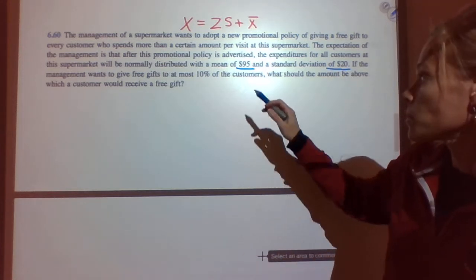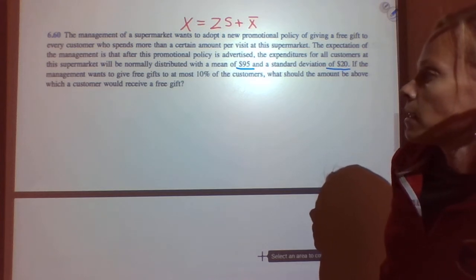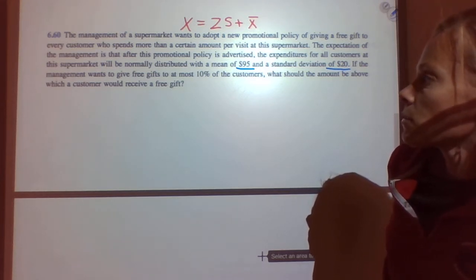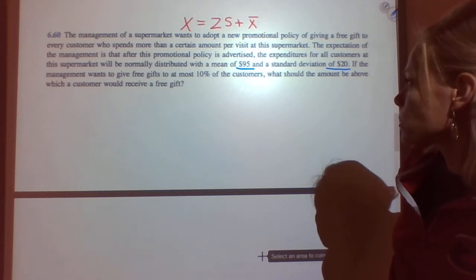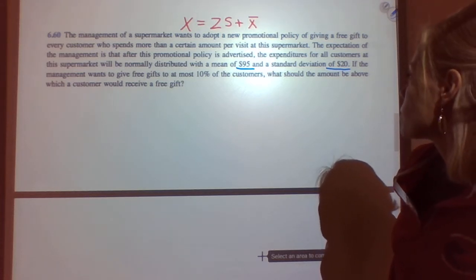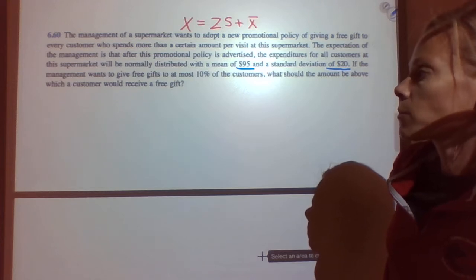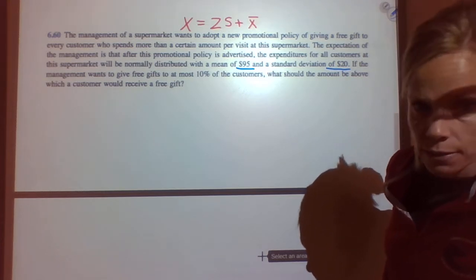Okay, so we need those mean and standard deviation. If the management wants to give free gifts to at most 10% of the customers, what should the amount be above which a customer would receive a free gift?